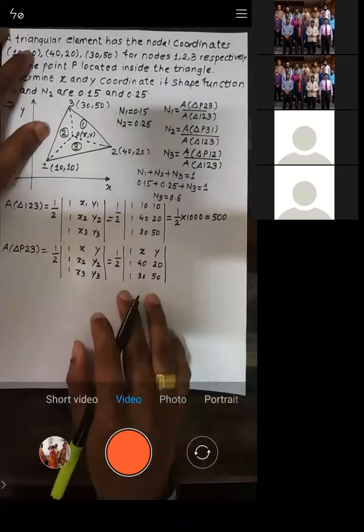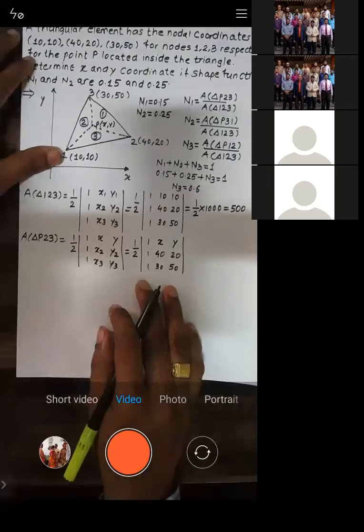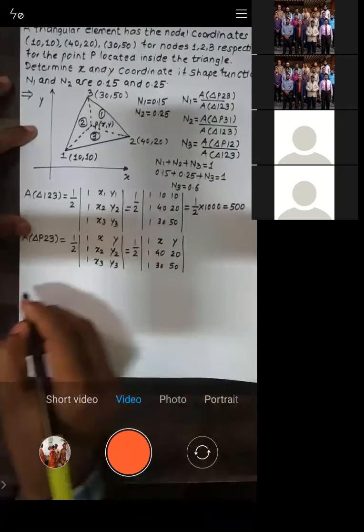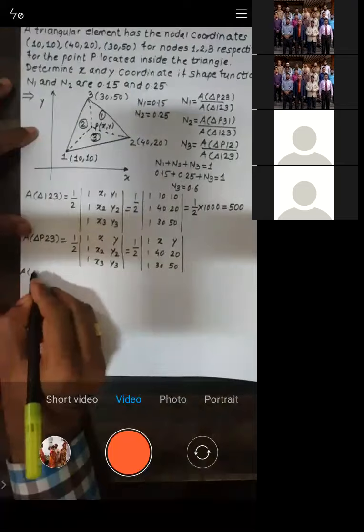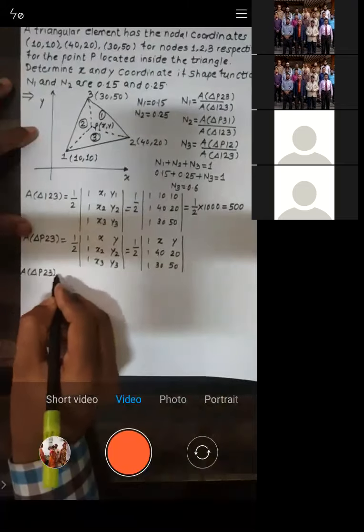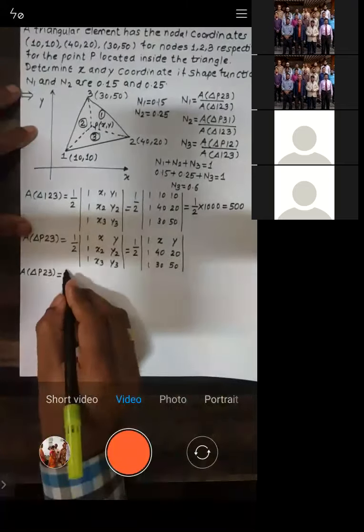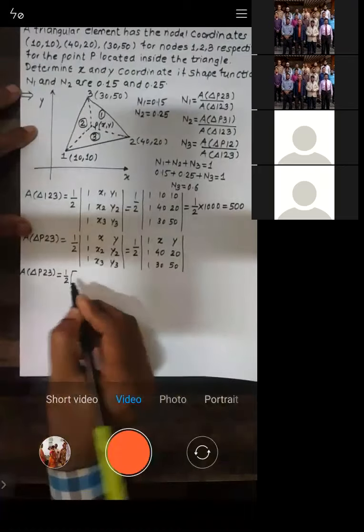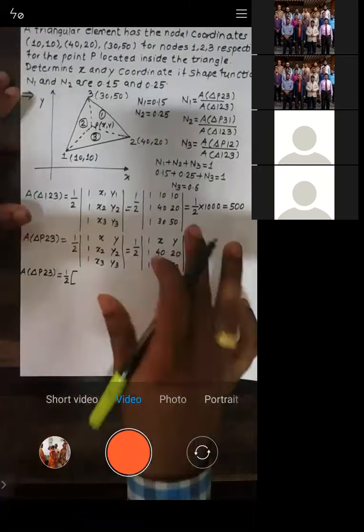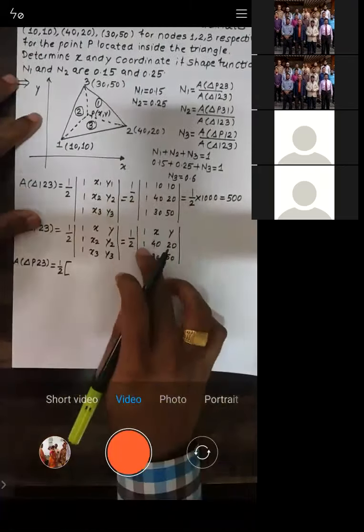So now we need to do this calculation manually, right? We'll calculate the area of triangle P23 as half into the determinant of this one. How will you calculate the determinant?